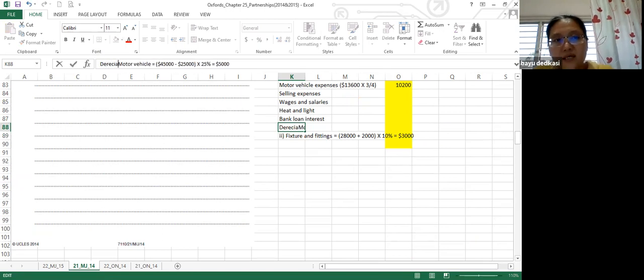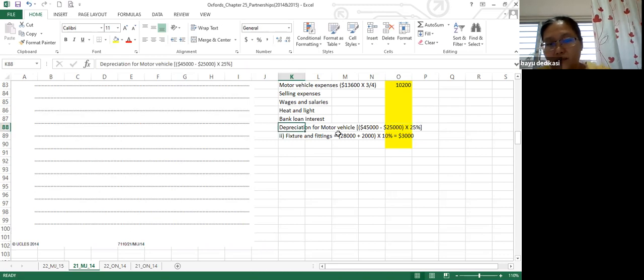Write depreciation, because provision is the statement of financial position. Depreciation for motor vehicle, and I show my working of how I get the amount that I wanted to put in the column here.